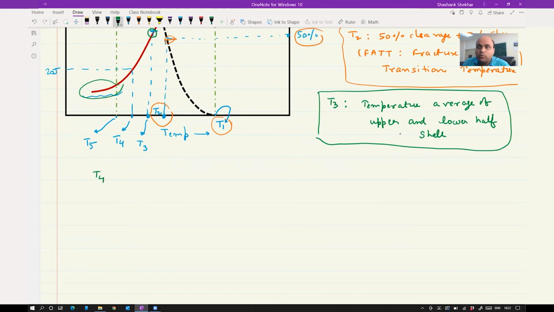and this is the most famous among all these. It is called ductile transition temperature, DTT. And why is it most famous? Because it is the most simple one.